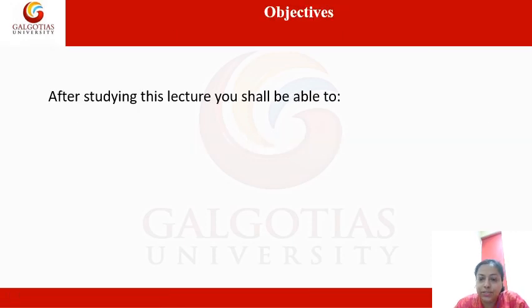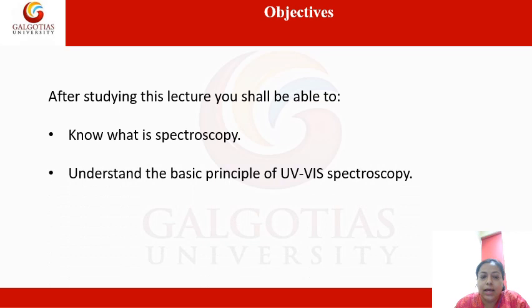So the objectives which are included in this presentation. We will first know about the basics of spectroscopy, what spectroscopy stands for, and what its uses are. Secondly, we will understand the basic principles of UV visible spectroscopy.